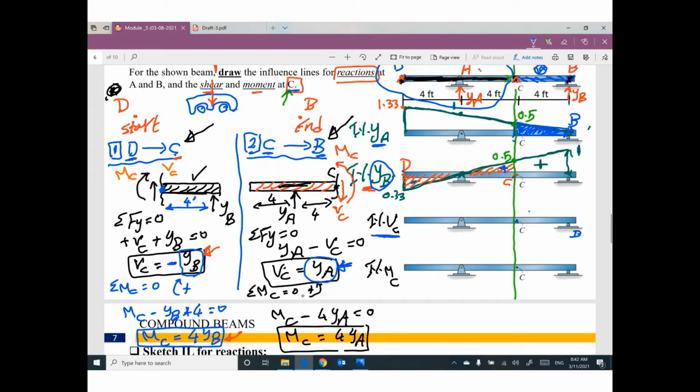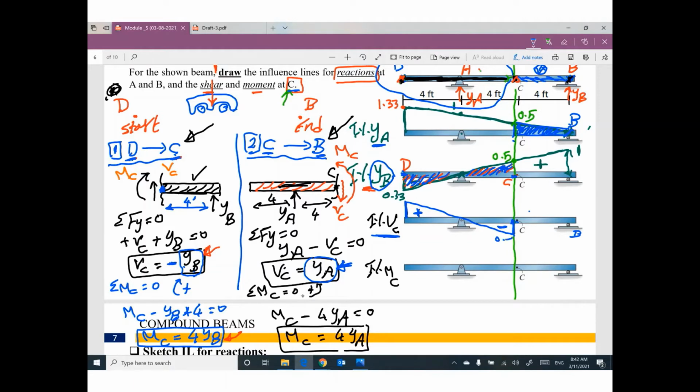From D to C, we are looking for YB times negative. Here is YB. Can you multiply this diagram, which is from D to C only, by negative? If you multiply it by negative, it will be switched like this. The positive will be negative, the negative will be positive.